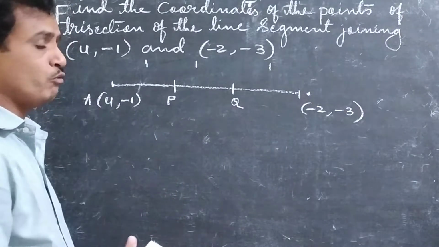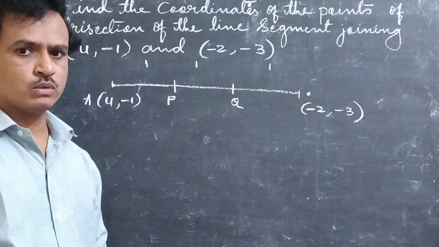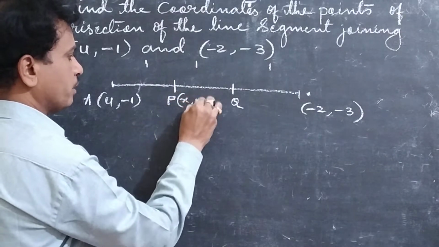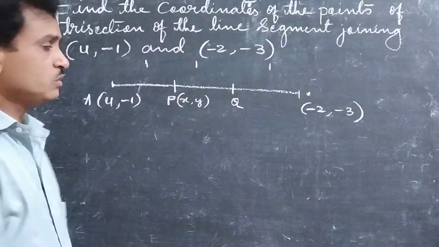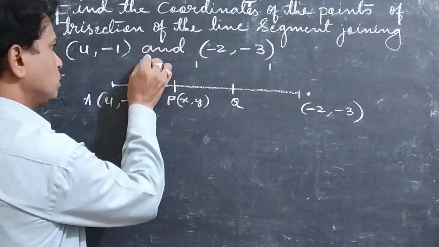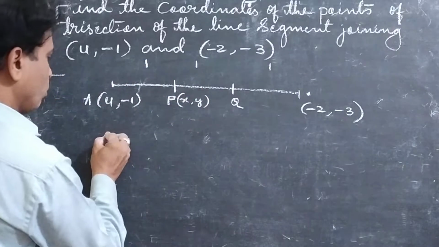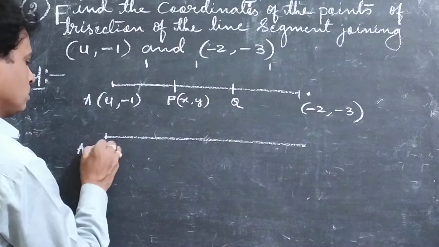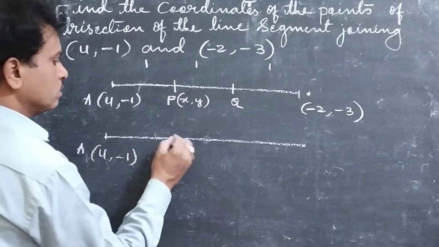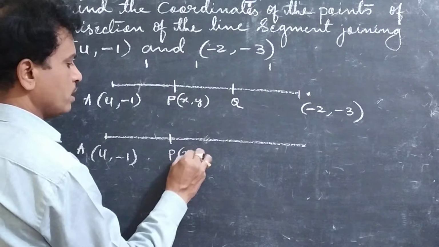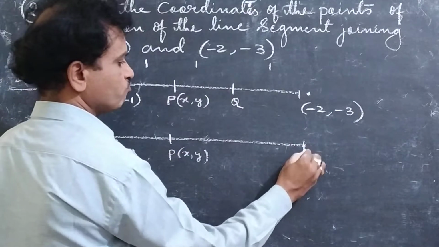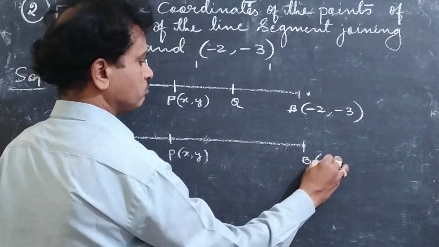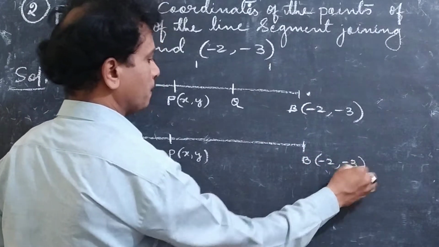Now we know that in the section formula there is m1 and m2. So to find the coordinates of point P, (x, y), we'll take one more diagram here. This point A is (4, -1), this is point P (x, y), and this point B is (-2, -3).